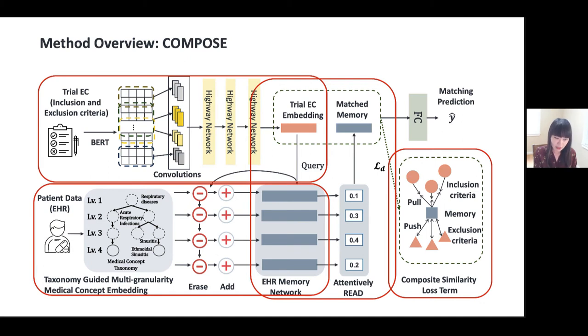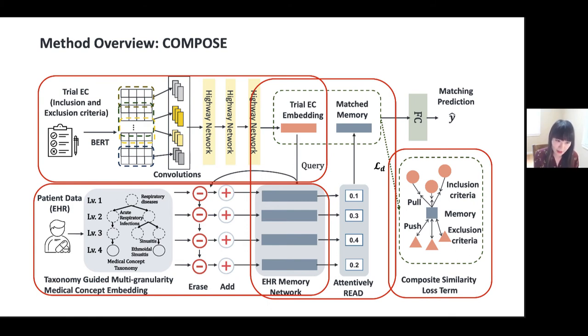With all three challenges to solve, we propose Compose, which is a pseudo-Siamese network consists of two branches, a convolutional neural network-based branch to learn the trial eligibility criterion embedding, and a taxonomy-guided memory network branch to learn the embeddings for patient EHR.